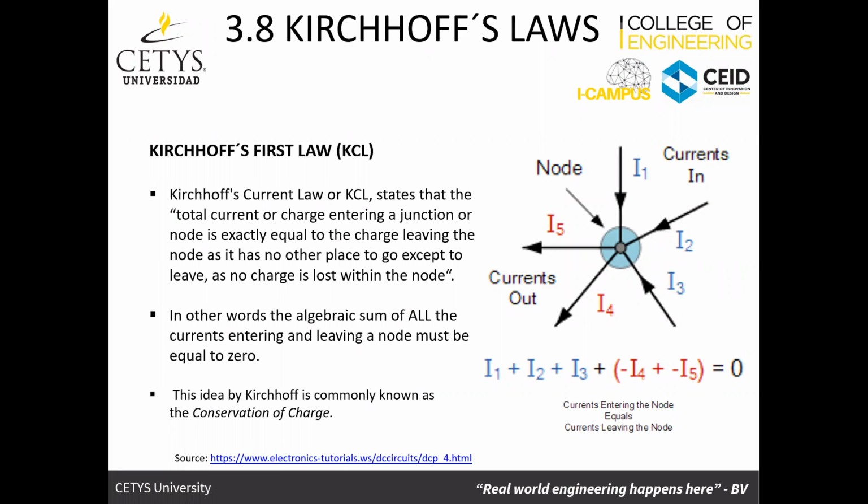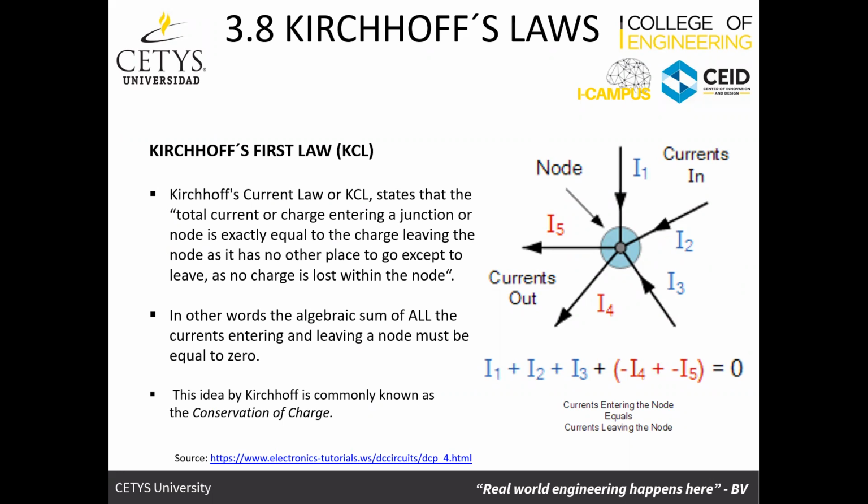So let's talk about Kirchhoff's two laws and then we'll break. The first law is very, very simple, and it's the law that everything that comes in has to go out.